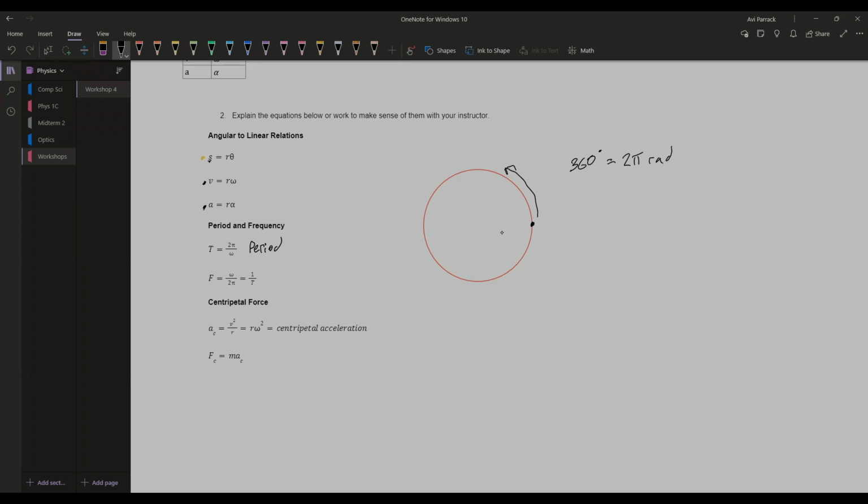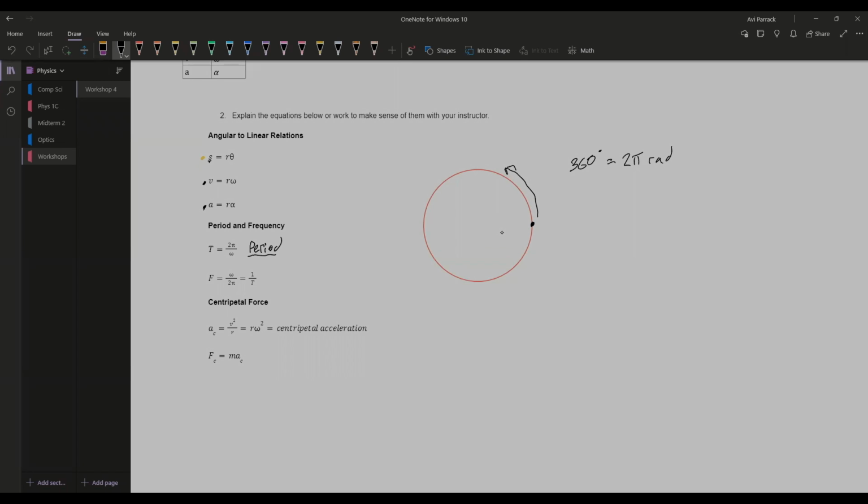Alternatively, we could look at the reciprocal of that, 1 over the period, which would be the frequency. And that's asking basically the same question, but the other way around. It's asking how many times do we cycle per second? How many times do you go around per second? Generally, if you're going around less than 1 time per second, then you want to ask about the period.